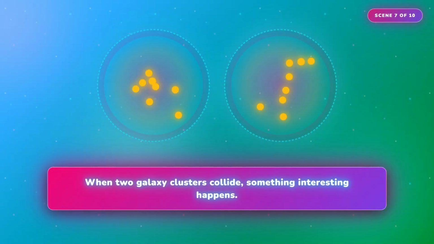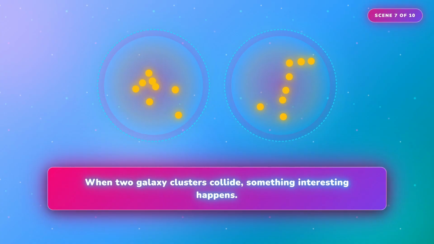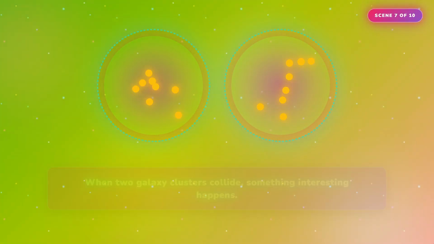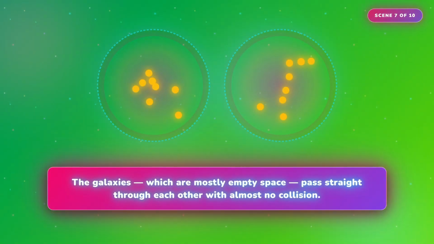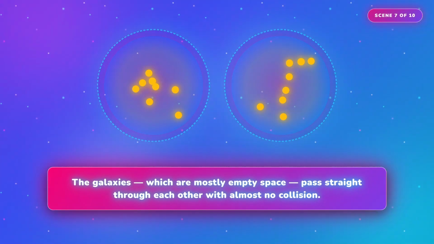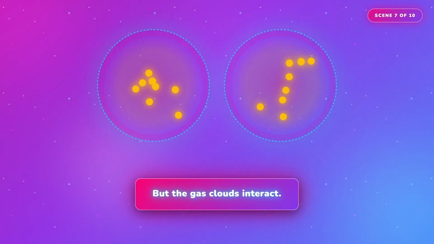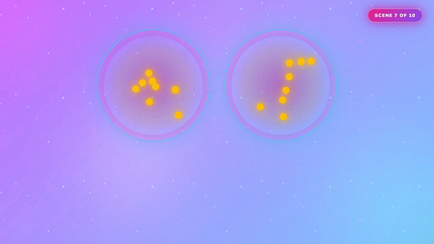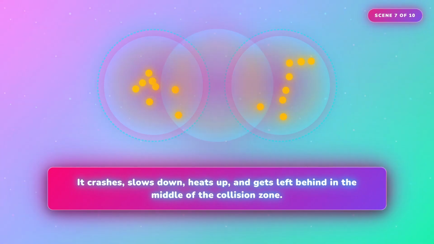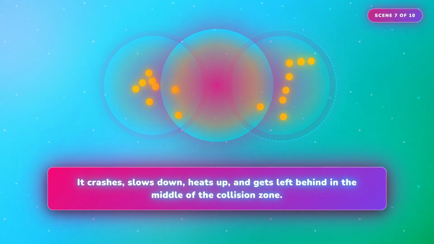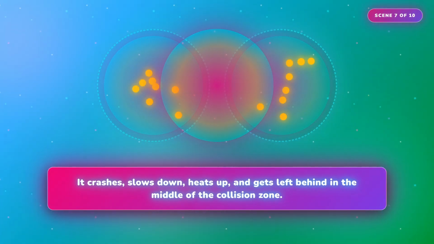When two galaxy clusters collide, something interesting happens. The galaxies, which are mostly empty space, pass straight through each other with almost no collision. But the gas clouds interact. Gas is physical. It crashes, slows down, heats up, and gets left behind in the middle of the collision zone.